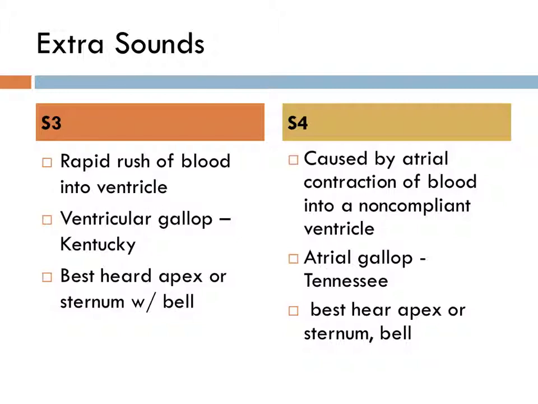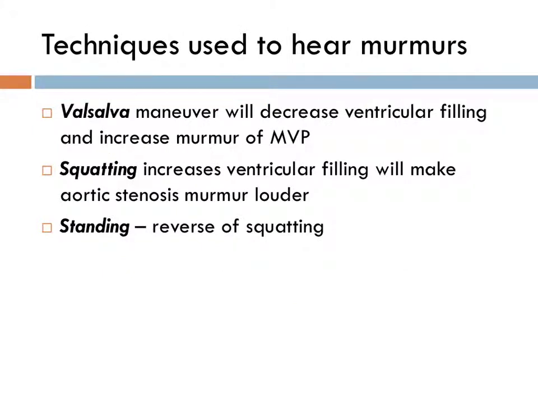It is also best heard at the apex with the bell. This is just a few of the techniques that could be used in order to hear a murmur better. Just be cautious anytime you have a person do a Valsalva or move, they can pass out on you.